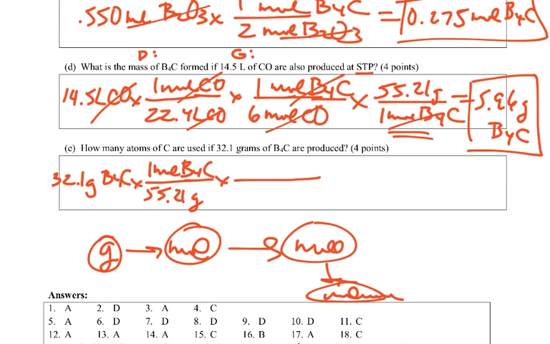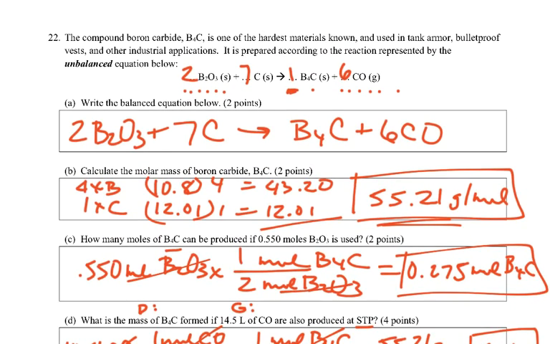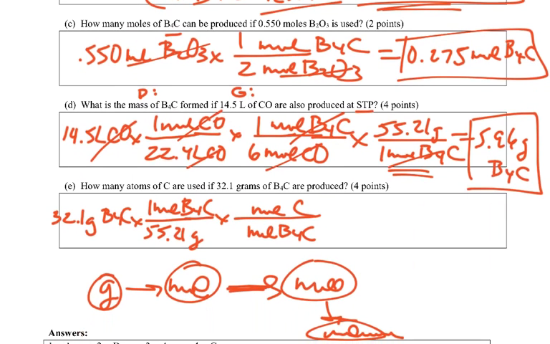And now it's time for the mole-mole conversion. So moles of B4C for every mole of carbon. Back at my equation, 7 is for carbon, 1 is for B4C, so 7 for the carbon, 1 for B4C. And I'm trying to get to how many atoms.